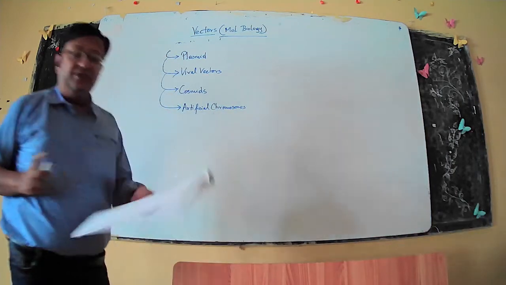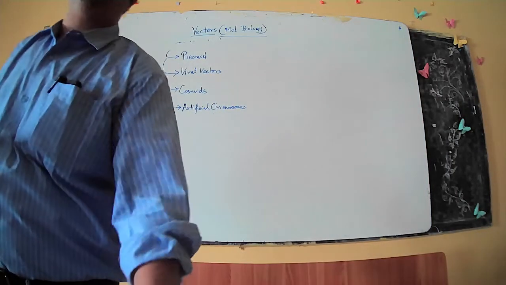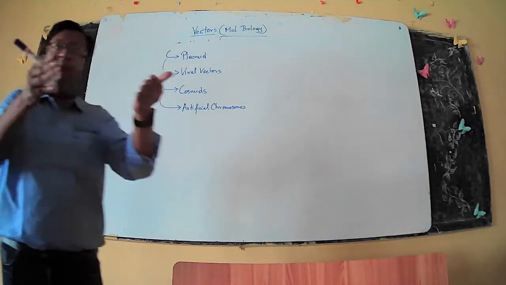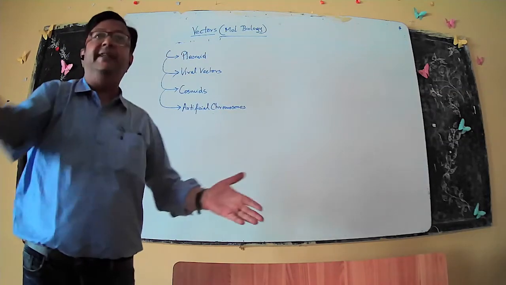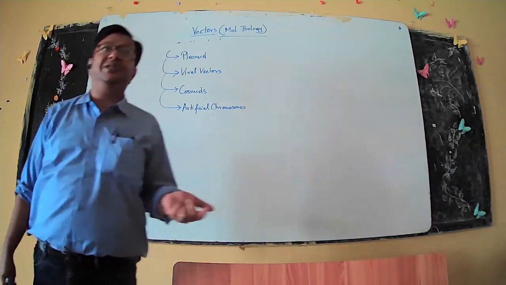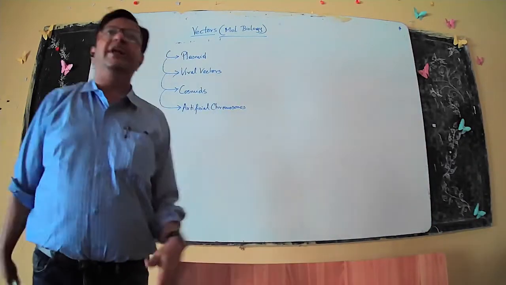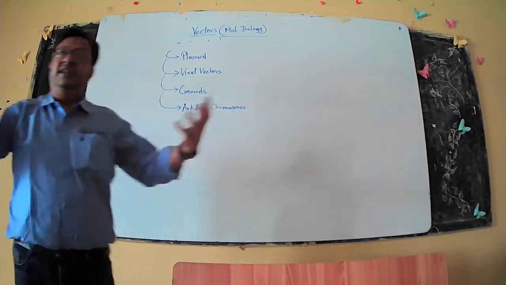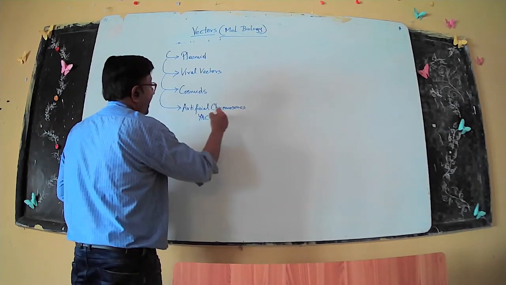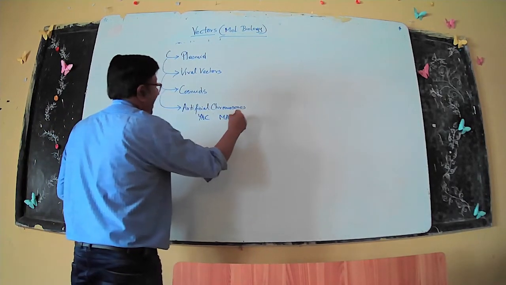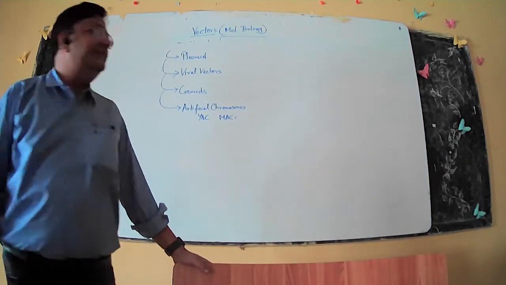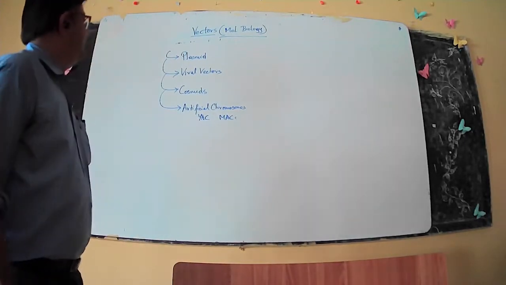What are these artificial chromosomes? Bacterial artificial chromosomes, yeast artificial chromosomes, mammalian artificial chromosomes. They are making chromosomes where you can put gigabytes and gigabytes of data inside. In computer terms, so many gigabases of nucleotides you can put, so many sequences you can put in. This is like a chromosome. You have yeast artificial chromosome, YAC, mammalian artificial chromosome, MAC. You can grow them in mammals, you can grow them in yeast. YACs are very popular.